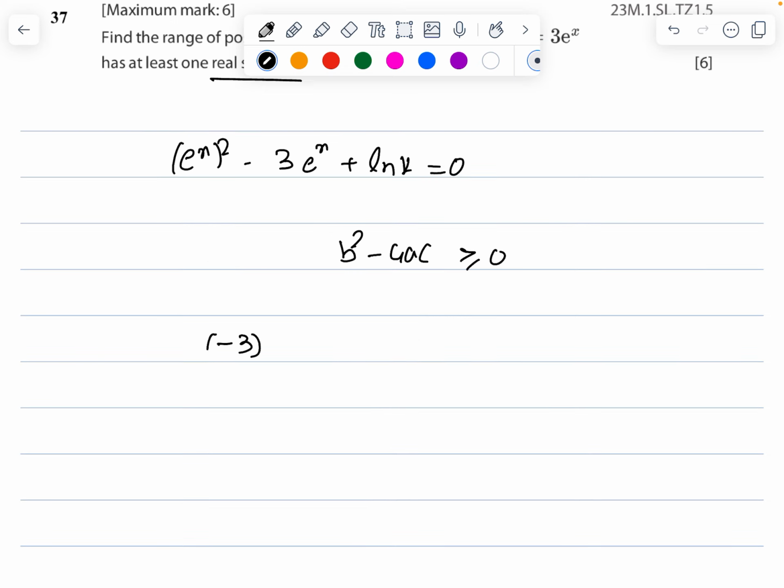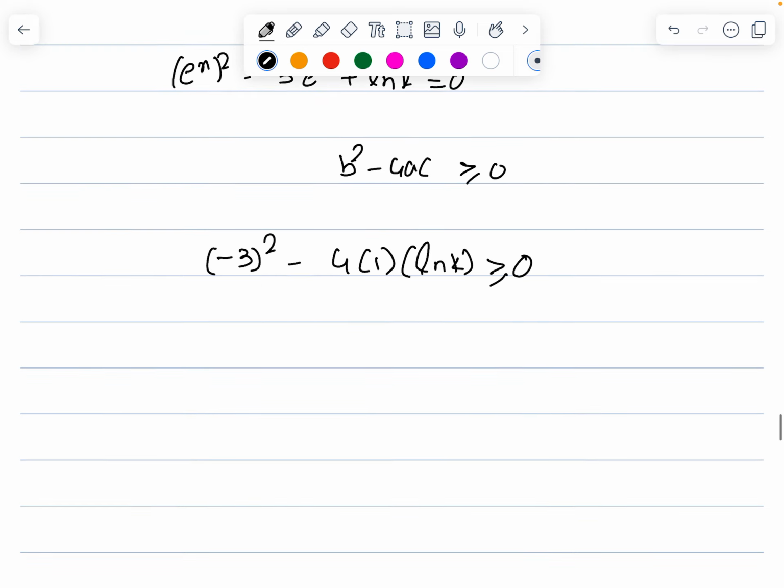So (minus 3) squared minus 4 times 1 times ln k is greater than or equal to 0. So what does it become? ln k is less than or equal to 9 upon 4. k is less than or equal to e to the power of 9 upon 4. But we know that the k value should always be positive, so it should be greater than 0. That's going to be the answer.